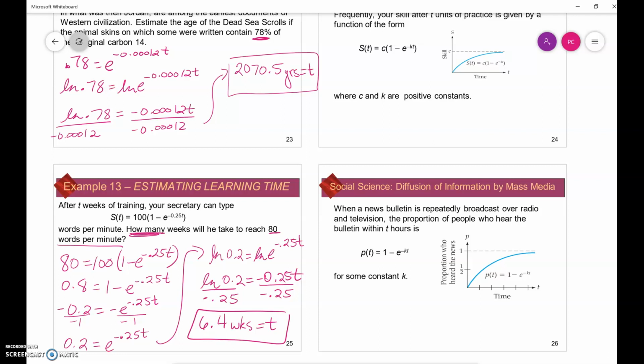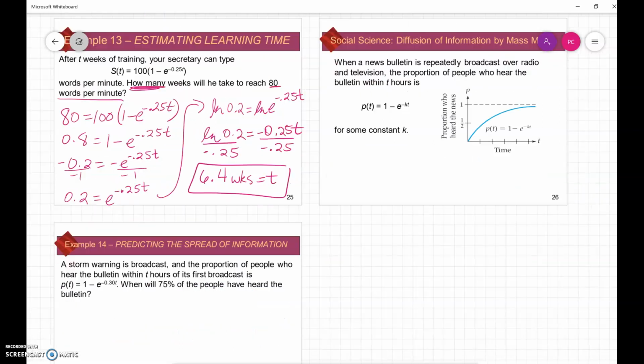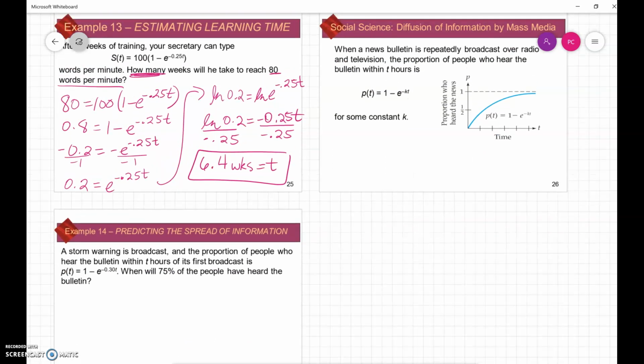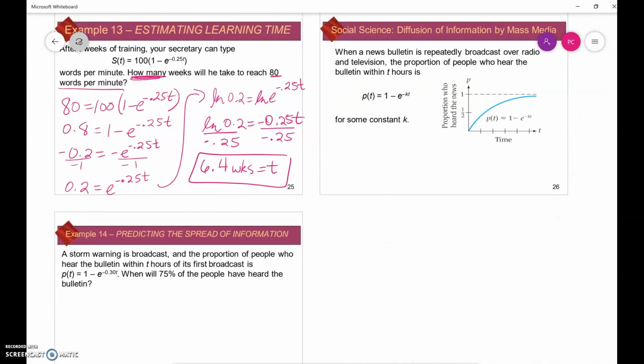The last example we're going to look at is social science and diffusion of information by mass media. When a news bulletin is repeatedly broadcast over radio and television, the proportion of people who hear the bulletin within t hours is the formula P of t equals 1 minus e to the negative kt for some constant k.